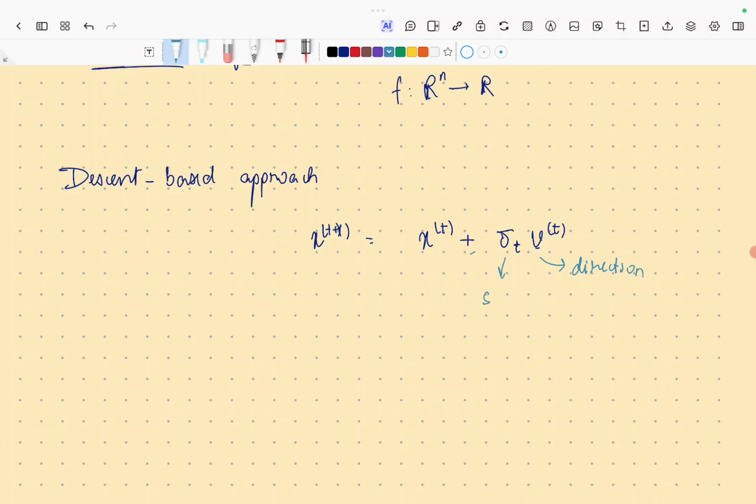So this is the direction. And this is the step size.